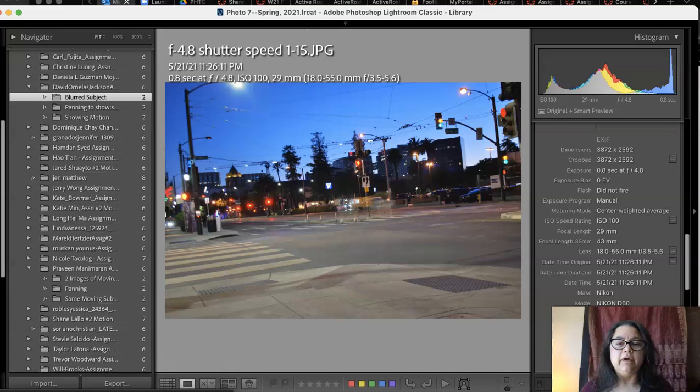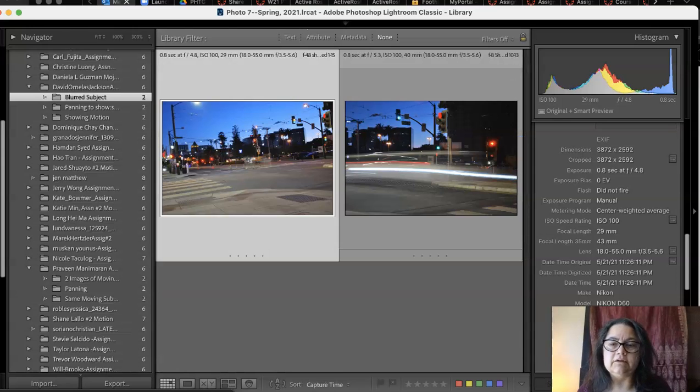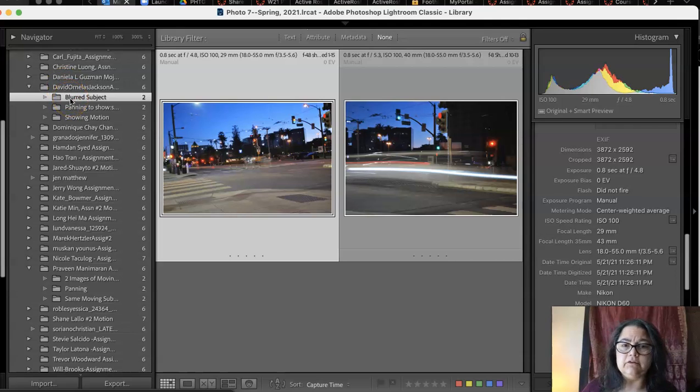David. Okay, let's look at your images here. You've made some really nice images and did some good work with showing motion, but I think perhaps you didn't understand the assignment. So go ahead and reread it.